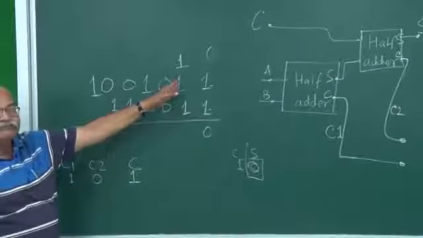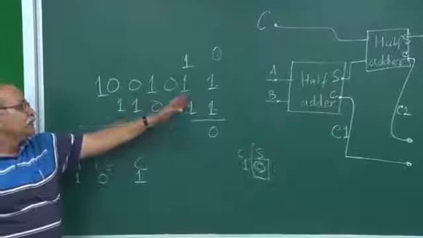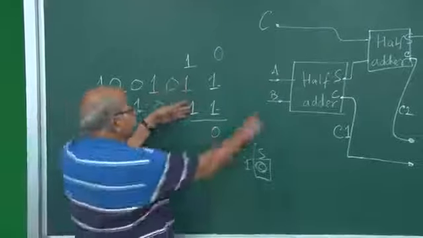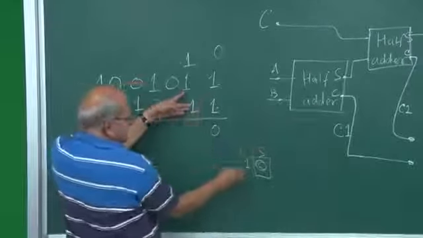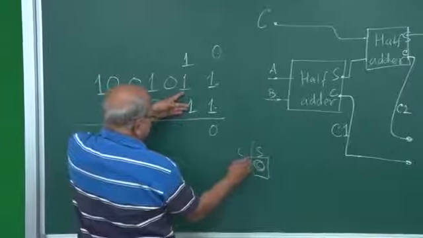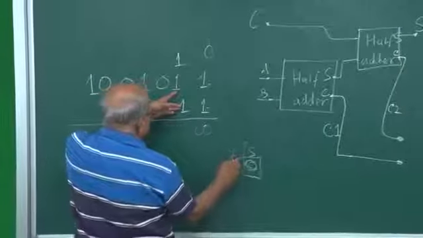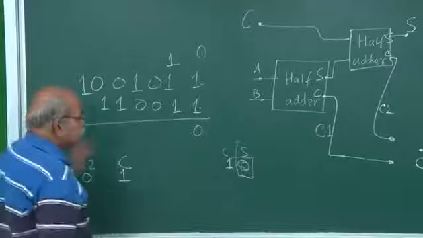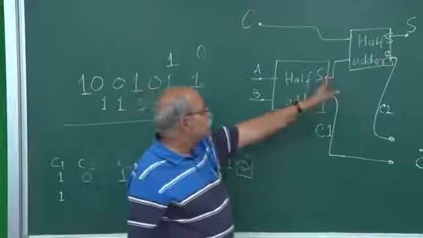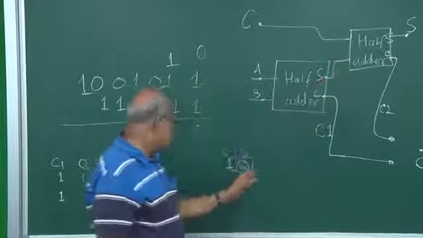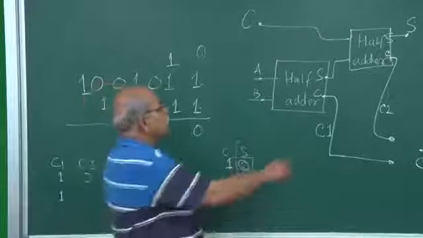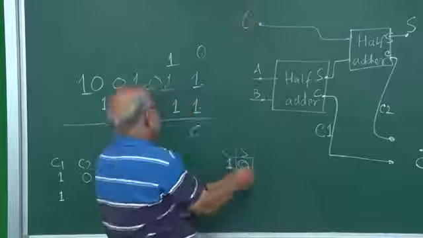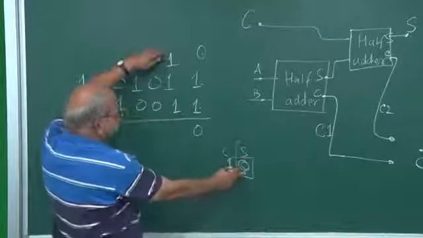Next comes this column. A, B. When you half add AB, once again you get sum as 0 and carry as 1. So C1 is once again 1. And what is C2? The sum here is 0, and the initial carry is 1.